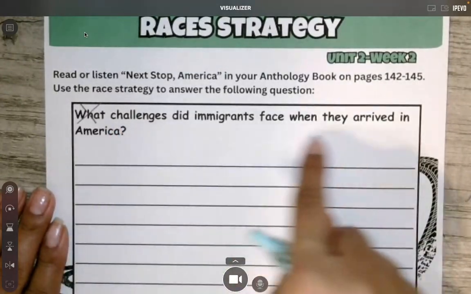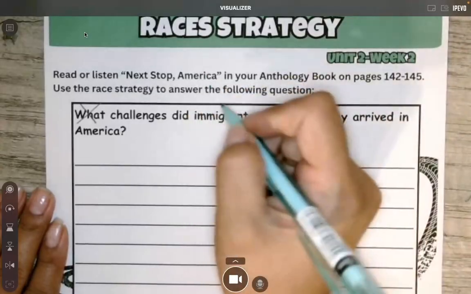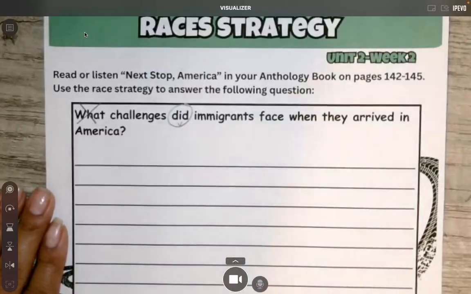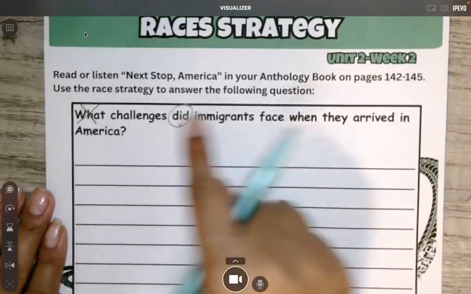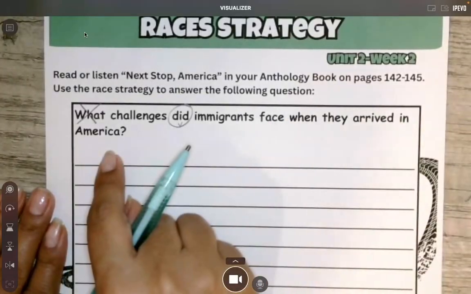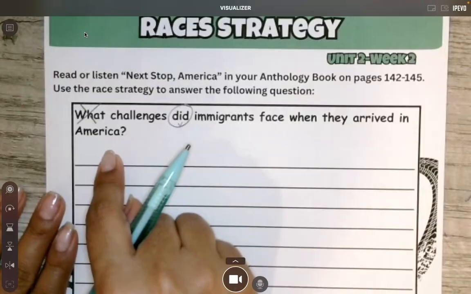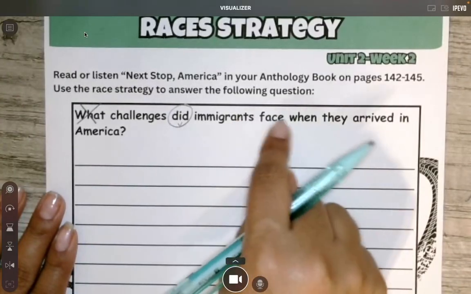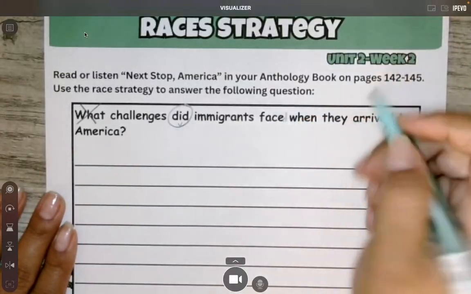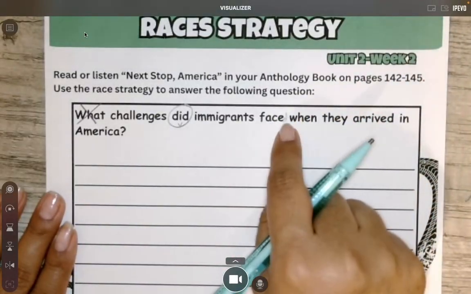So I have to find my verb, and I know that my verb is here, so I'm going to put a little V and circle it. Now I have challenges immigrants face when they arrived in America. Face, I'm going to make it into past because it's already in the past. So I'm going to put a D, faced.